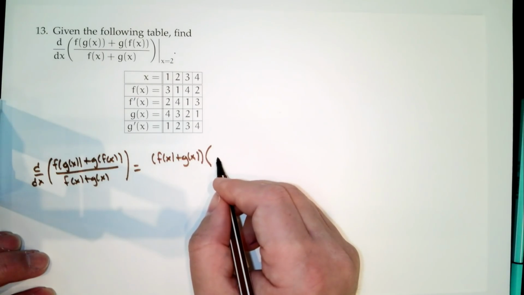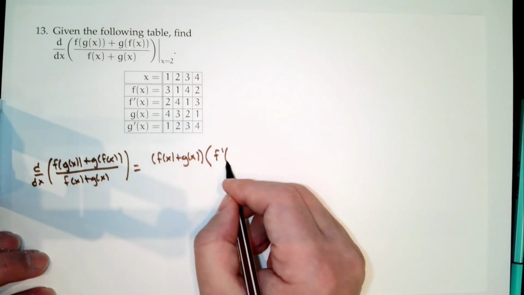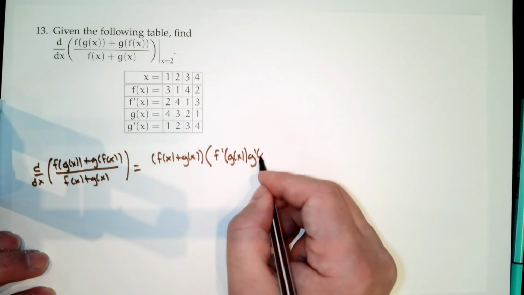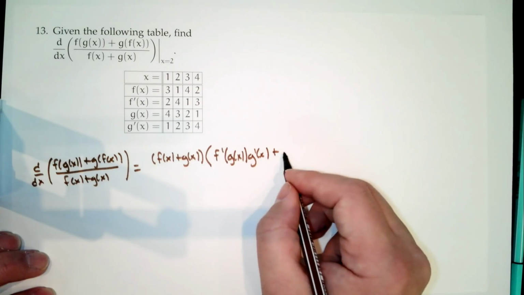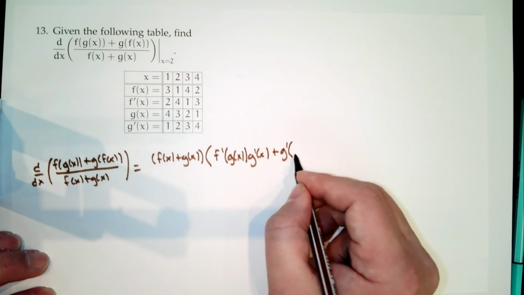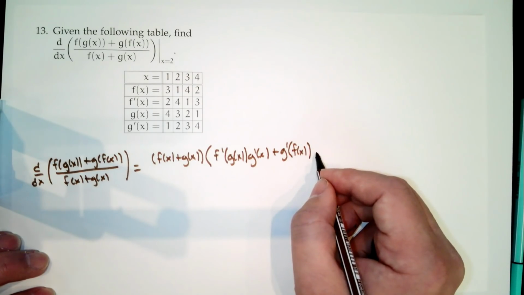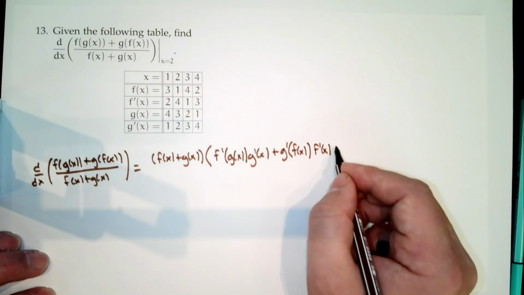So what's the derivative of f of g of x? Where does it start? F prime of g of x, and then g prime of x, plus g prime of f of x times f prime of x.